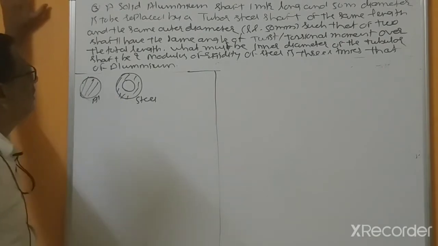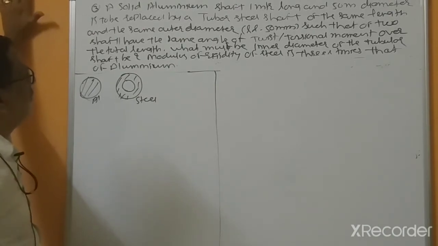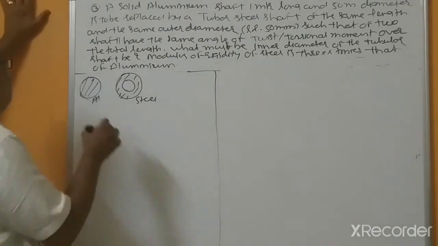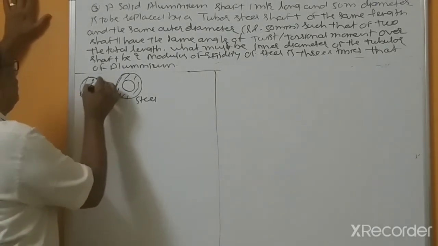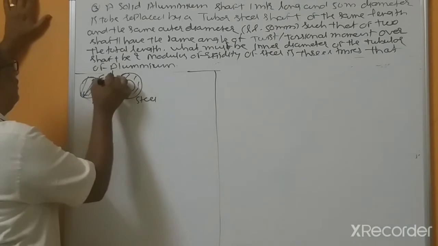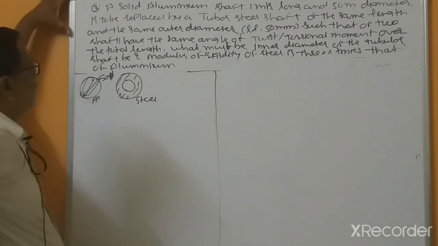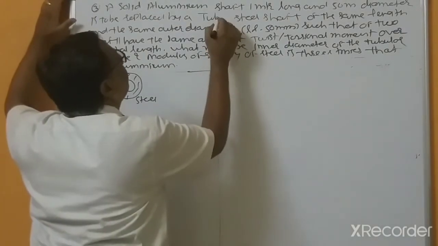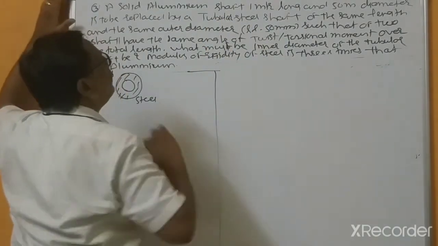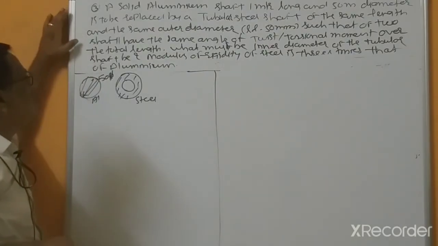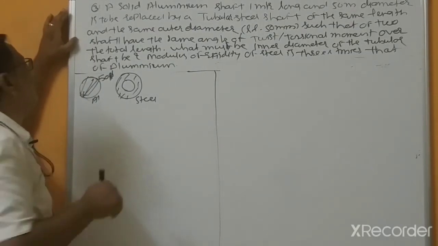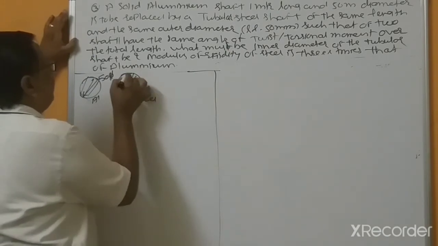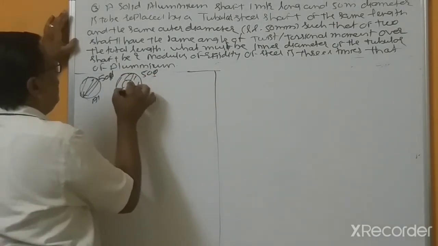We'll see what we can do. Is to be replaced by a tubular steel shaft of the same length, aluminum 1 meter long and 50 mm diameter. So this diameter equal to 50. Is to be replaced by a tubular steel shaft of the same length and the same outer diameter. So outer diameter equal to 50, inner diameter we don't know.